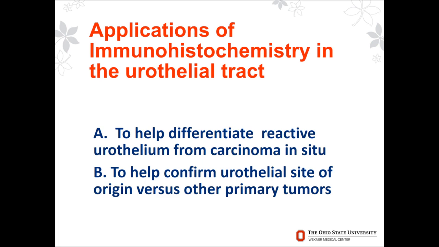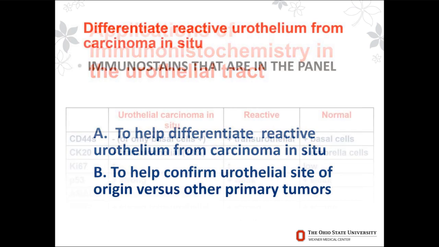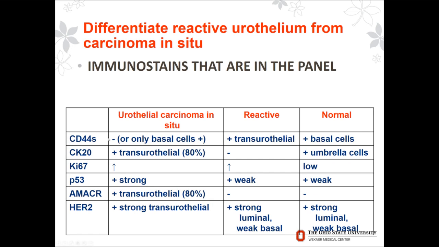So how can we use IHCs for this purpose? If you want to differentiate reactive urothelium from carcinoma in situ, the key thing to remember is that this panel of immunostains can be helpful. You can use this to separate reactive from carcinoma in situ from normal.